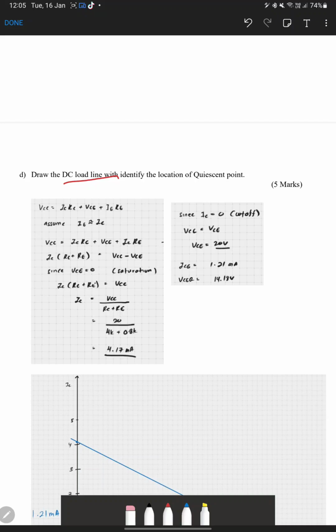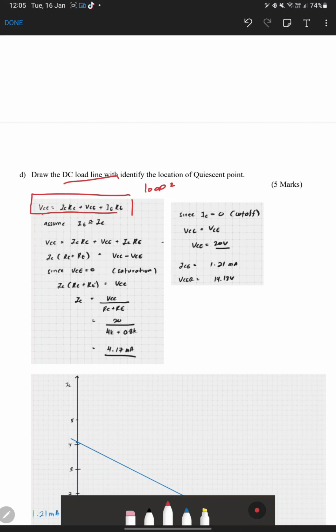To find the IC saturation, when the VCE equals 0, we need to use the equation that we have in loop 2. Use the equation from loop 2, right?